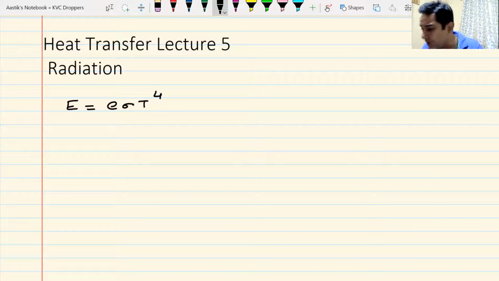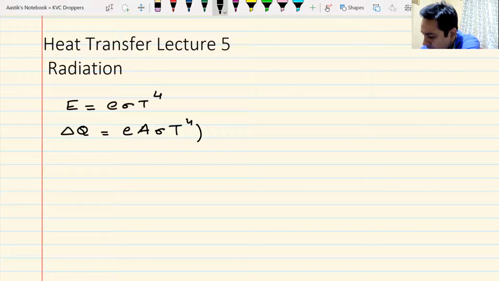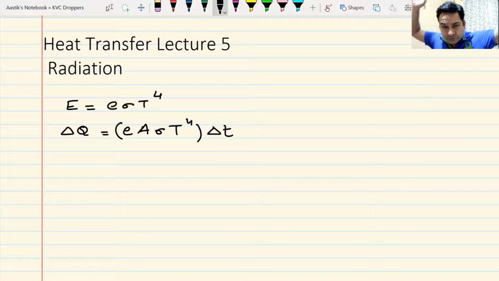This is the emissive power. If I talk about how much radiation energy it is emitting, that will be equal to E A sigma T raised to the power 4 multiplied by the time delta T. Then I have some raised hands from everyone that we understand this, we remember this.